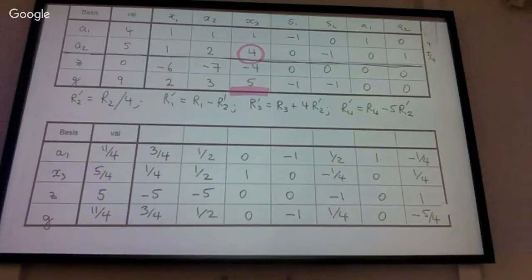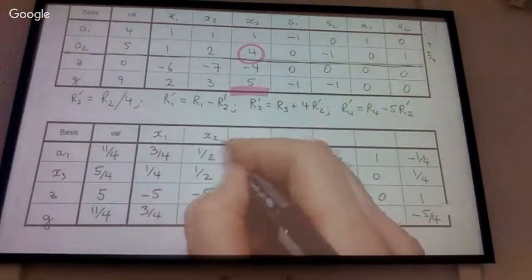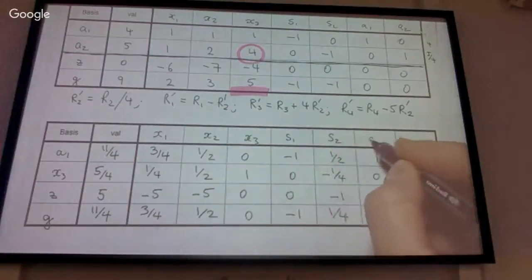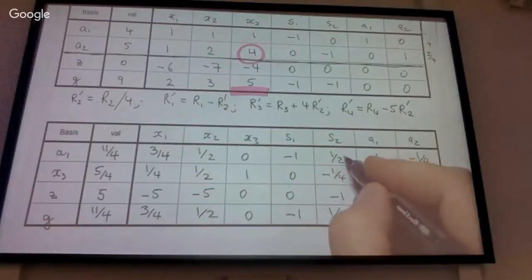Is that correct? Can anybody spot? That's 2. Oh, I forgot to put the labels there, sorry. Then again, S2 column is not good. 1/2. Yeah, thank you.